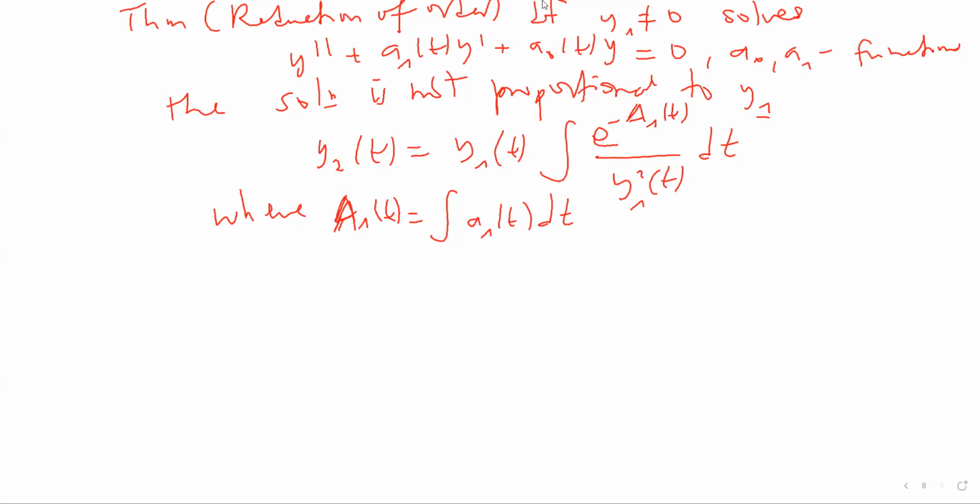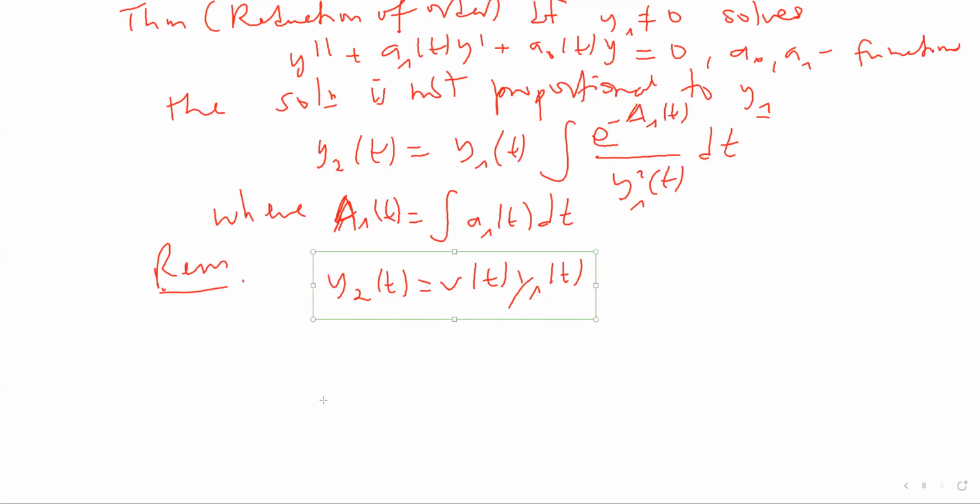Okay, all right. So now, in the first part of the proof, what we did was we wrote y2(t) equal to v(t) y1(t). Okay, this we did in the first part of the proof.